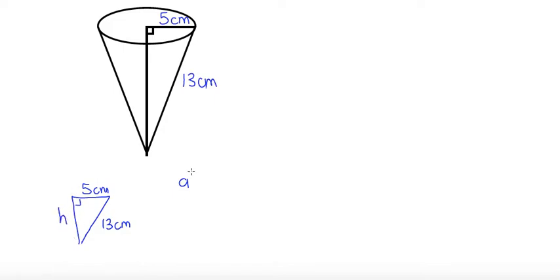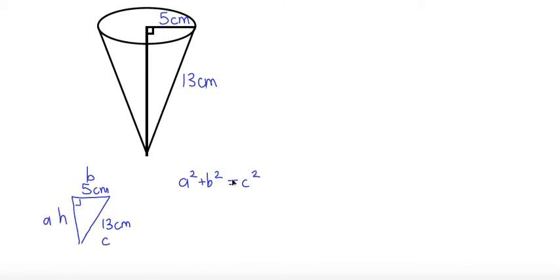So Pythagorean theorem says a squared plus b squared is equal to c squared. So I'm now going to relabel this triangle using the variables a, b, and c. Across from the right angle is c, the hypotenuse. I'm going to use 5 as my base, or my b, and I'm going to use a as my h.